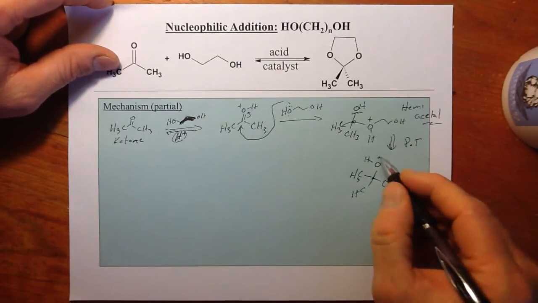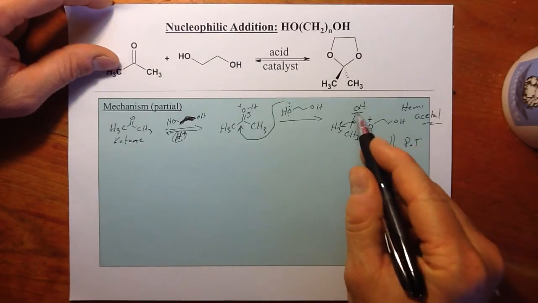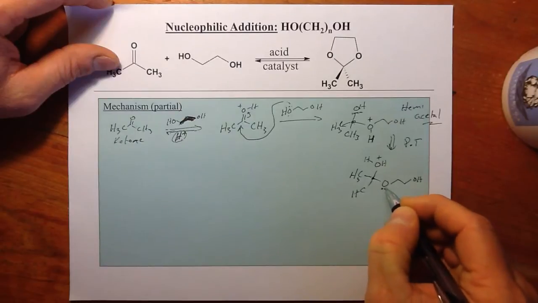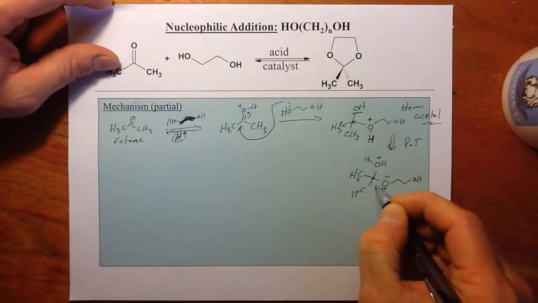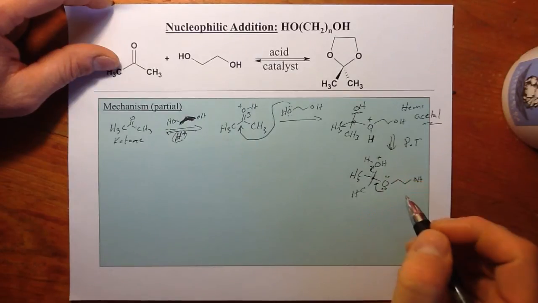We have a good leaving group now. If we do a proton transfer of the catalytic acidic proton to this OH group, we can drive it off, lone pair to pi, sigma electrons back to lone pair for this oxygen.